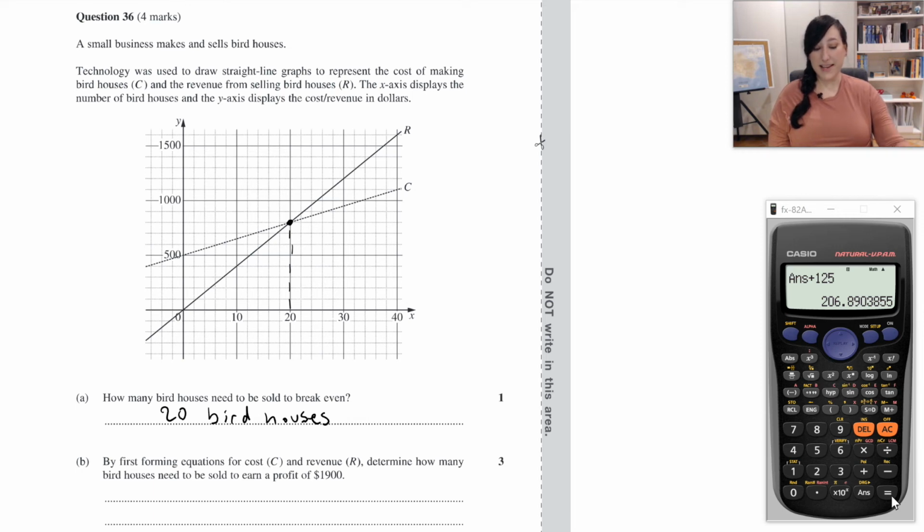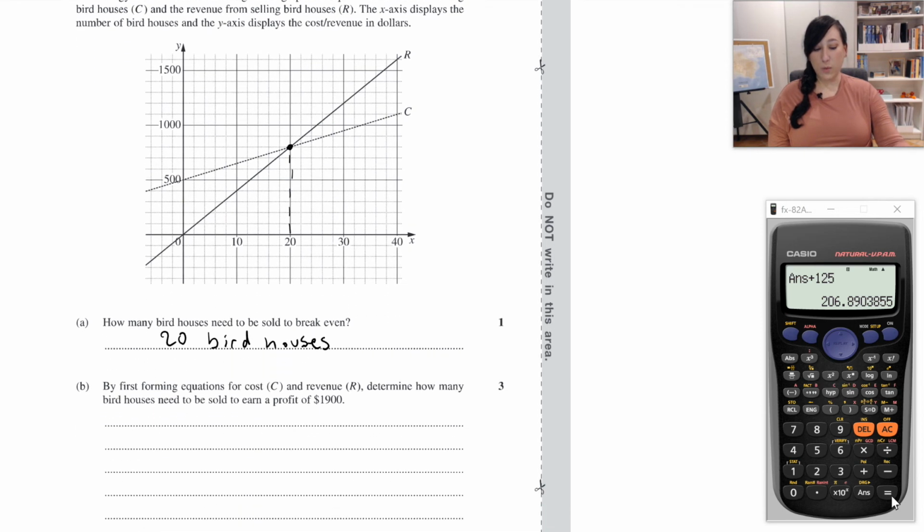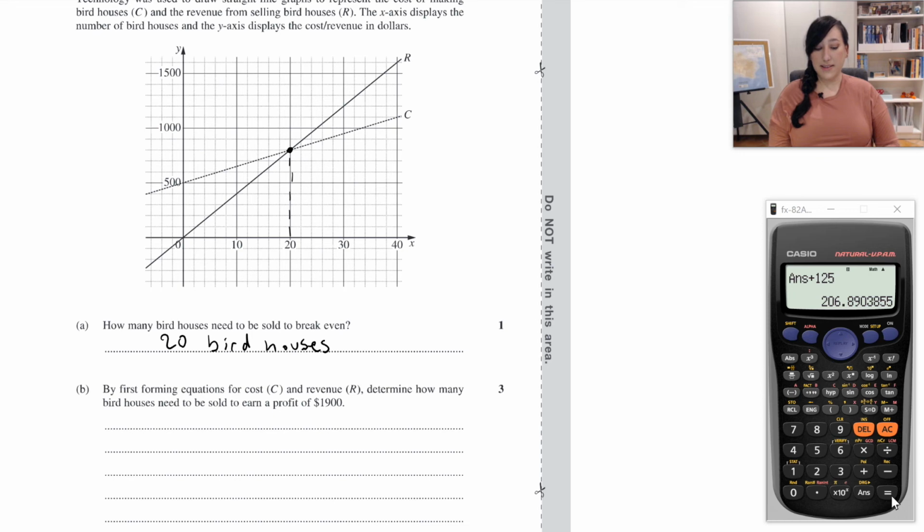Now part B says, by first forming equations for cost, C, and revenue, R, determine how many birdhouses need to be sold to earn a profit of $1,900. Okay, well let's first form our equations. Let's start with C, cost.